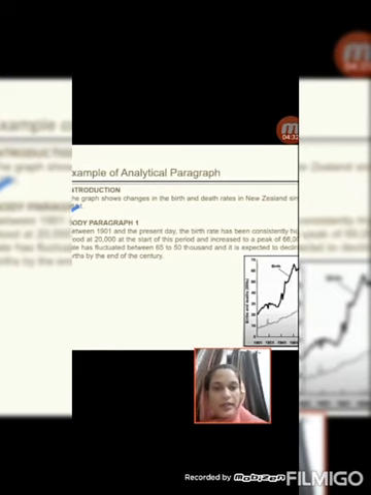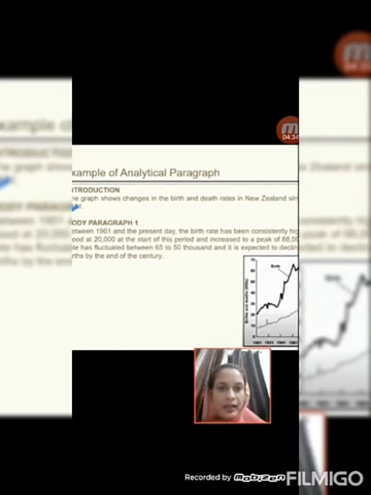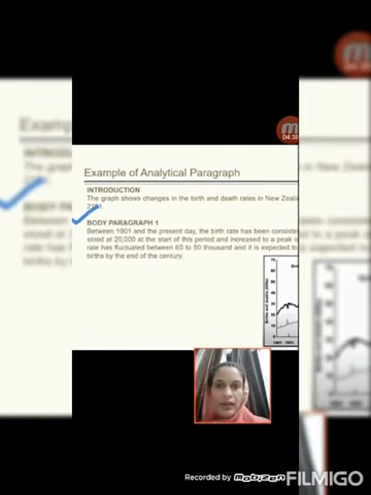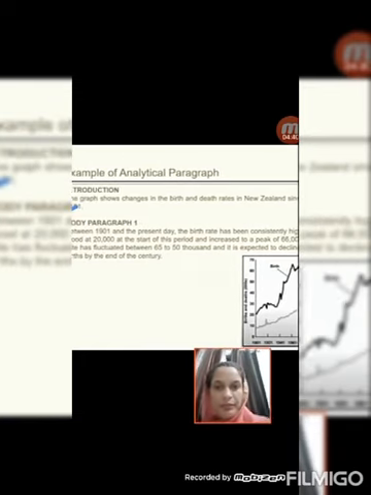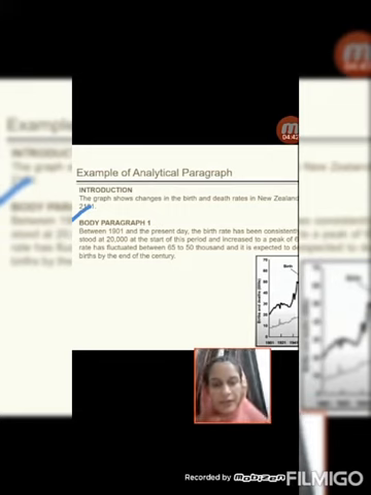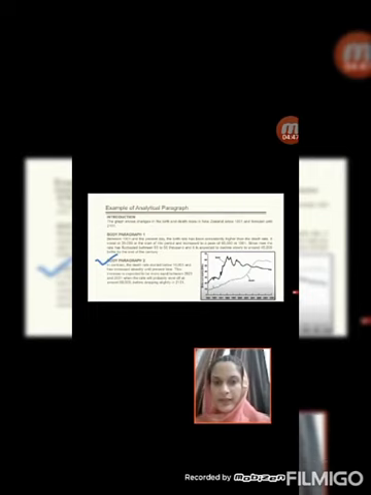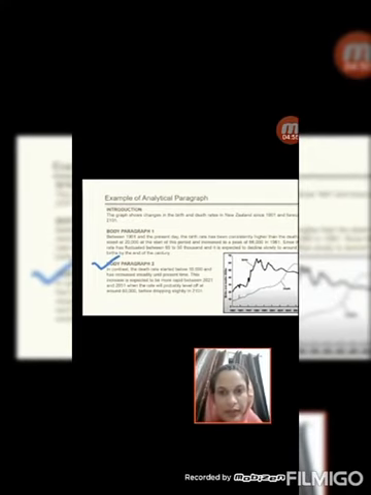Since then, the rate has fluctuated between 65,000 and it is expected to decline slowly to around 45,000 births by the end of the century. While analyzing the paragraph, we need to see the highest point, the lowest point, and the contrast which we can show.